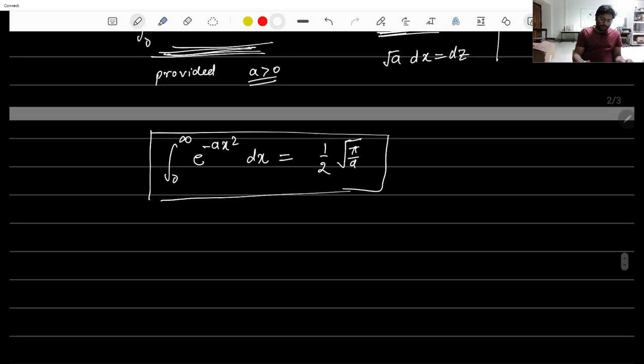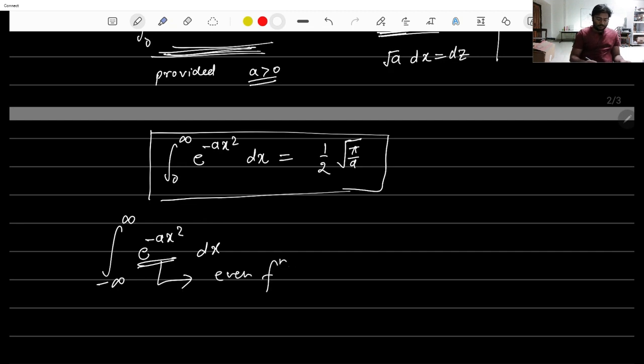Fine, and you can see here, if you are asked to evaluate from minus infinity to plus infinity e to the power minus ax square dx, this is an even function.